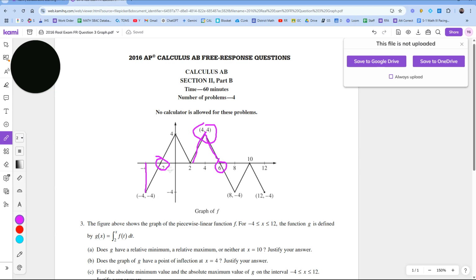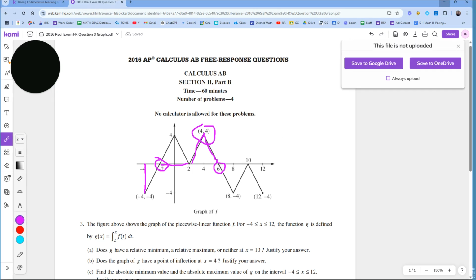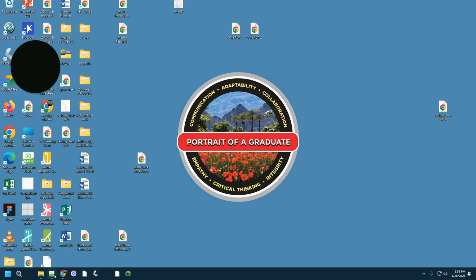Plus the triangle that's above here. So half the base here, that's 4. And then the height is 4. And then I'm going to have to simplify it because I'm comparing answers to know which is my minimum and which is my maximum value.